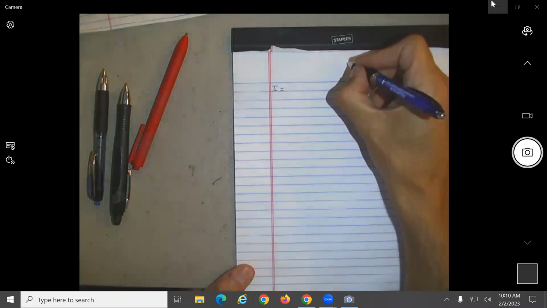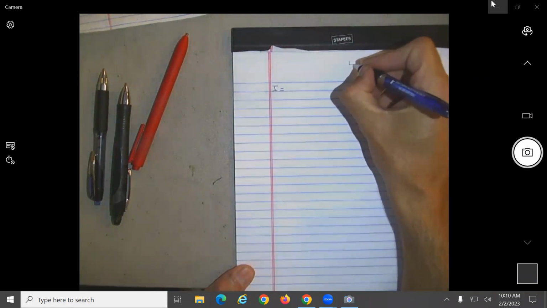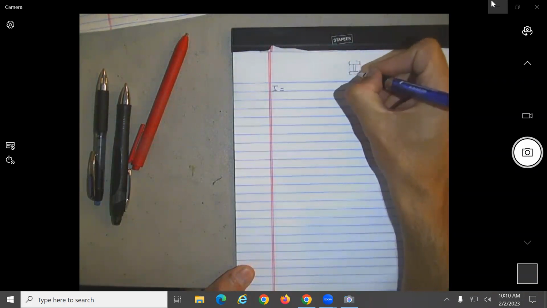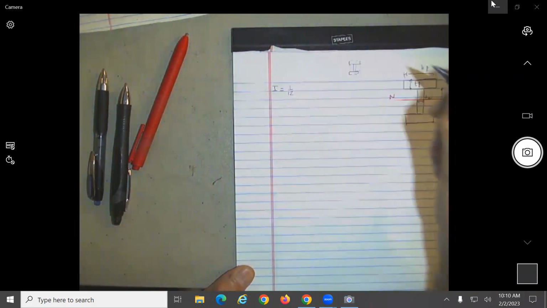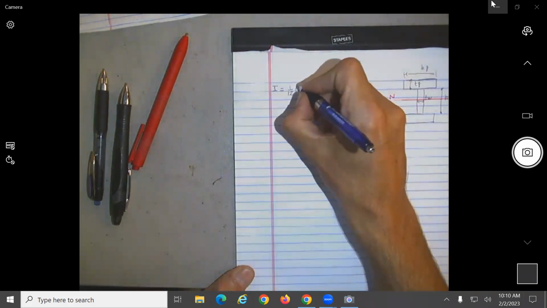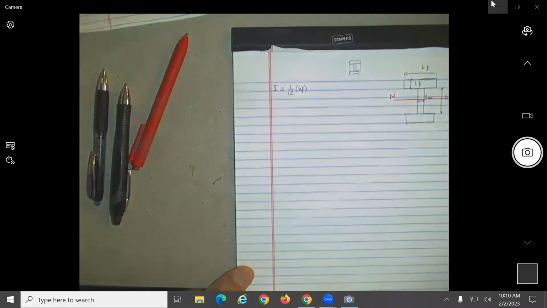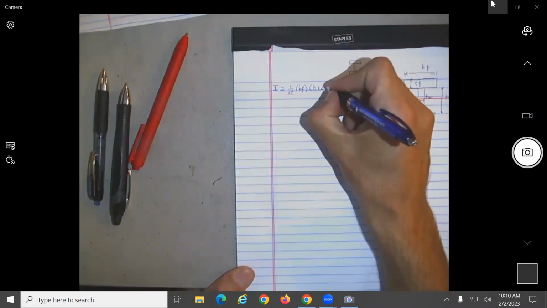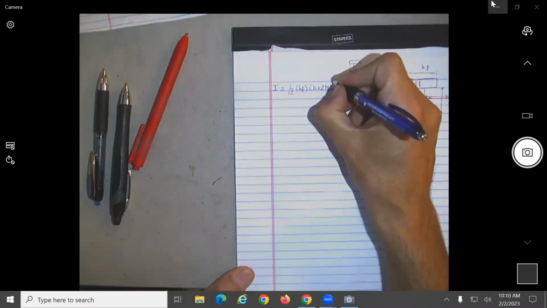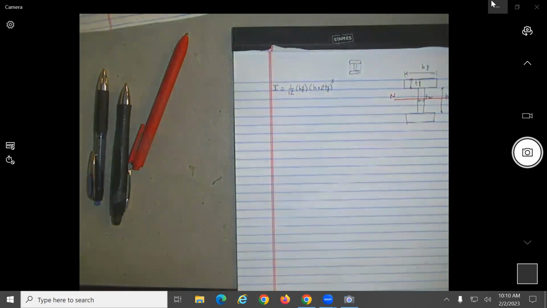There are multiple ways to do it, but the fastest way will be: we're first going to do the whole thing, which would be what? 1/12 of BF times (8 plus 2) cubed, no?